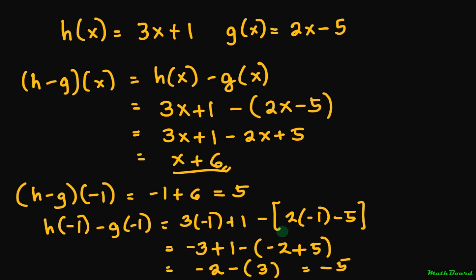So, okay, the error here is this one. This should be 2 times negative 1, negative 2, minus 5. Okay. Then, negative 2 minus 5 is negative 7.